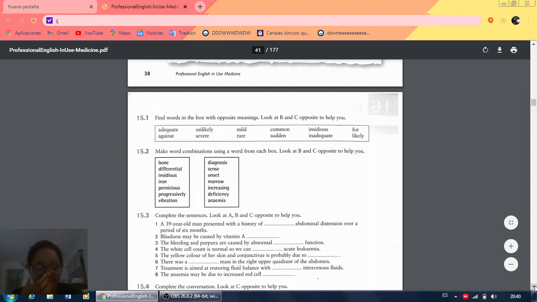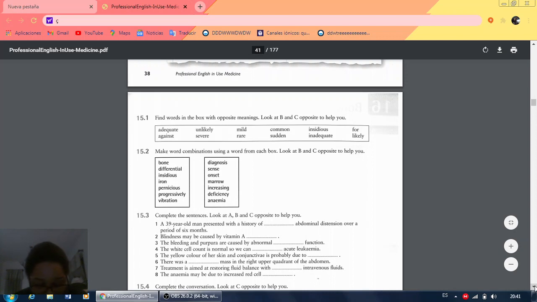Complete the sentences, look at the box to help you. A 39-year-old man presents with a history of progressive abdominal discomfort over a period of 6 months.